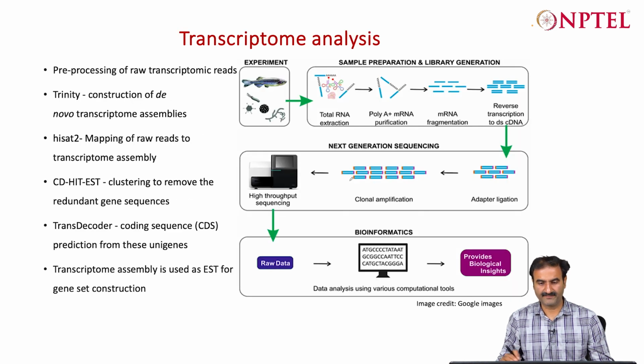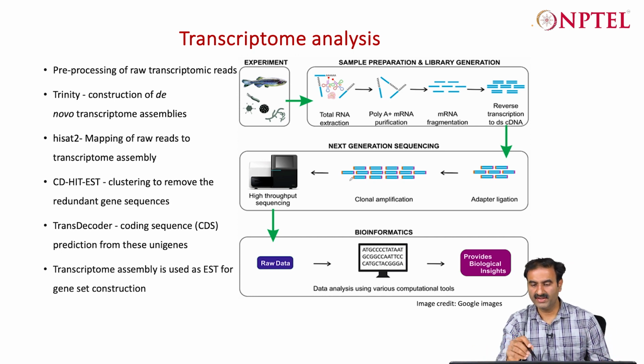shorter sequences. Okay. So the transcriptome analysis is a critical and important part of any genome sequencing project and genome analysis. So the appropriate tissue is needed from which you will extract the RNA. Because you want the mRNA, poly-A purification and mRNA purification steps are important.